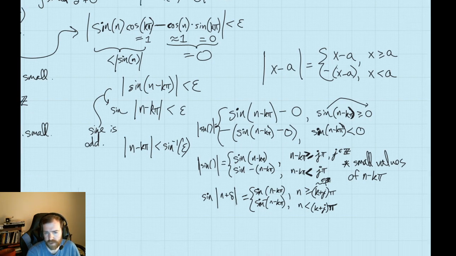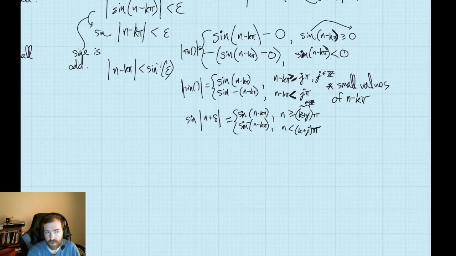So we've got our sine value, which, whether the absolute value is on the inside or outside, it doesn't matter. The sine of an absolute value is an even function, so it's gonna curve out both ways like that. We wanted it to be very close to, oh, sorry, that's not a delta there, or a plus, n minus k pi, like that.